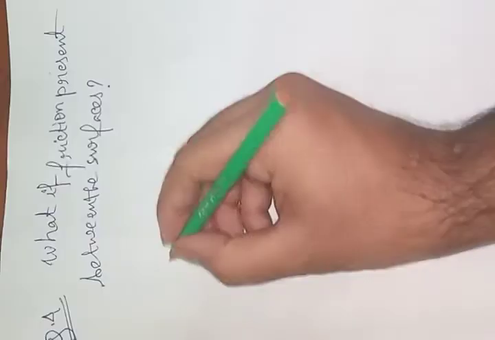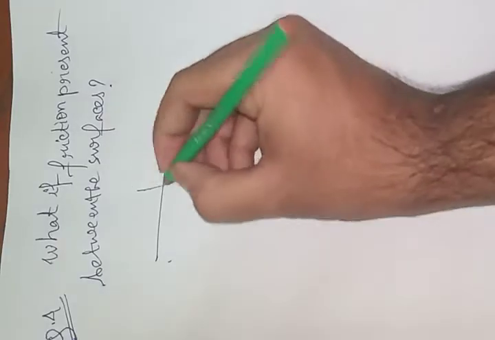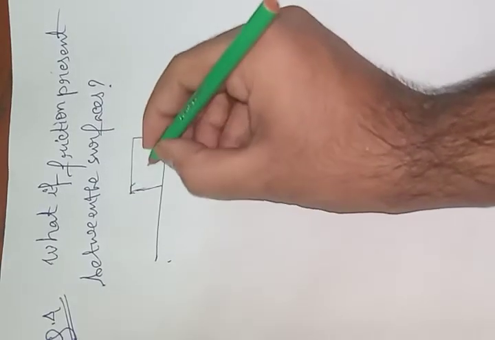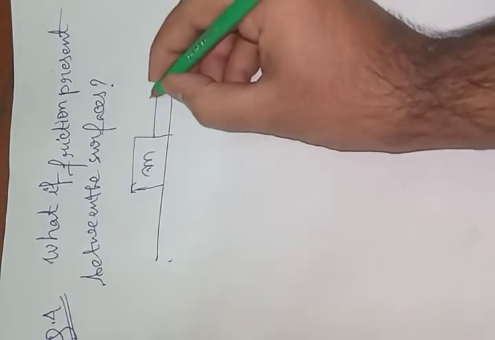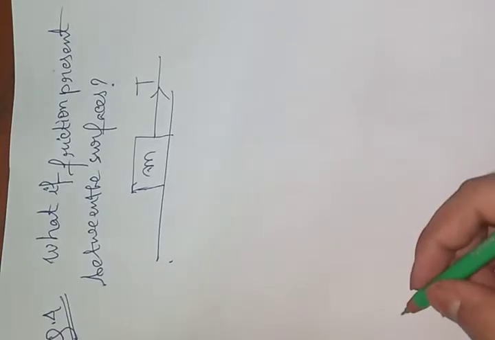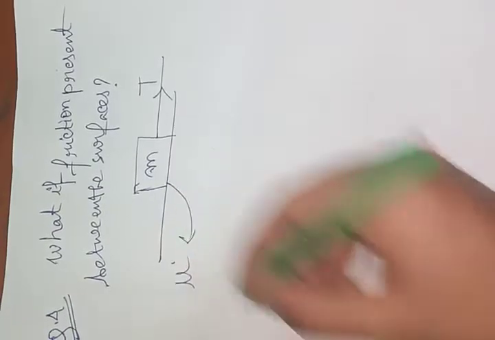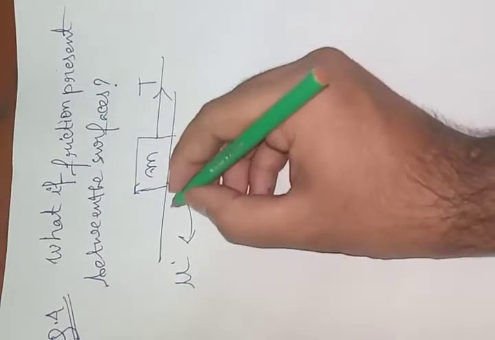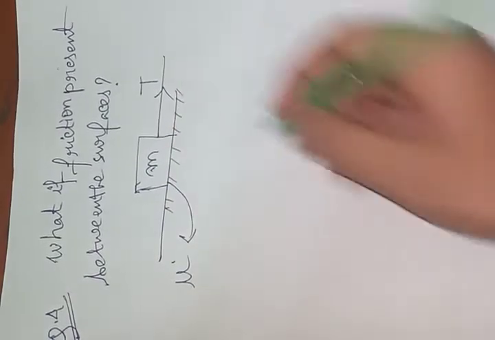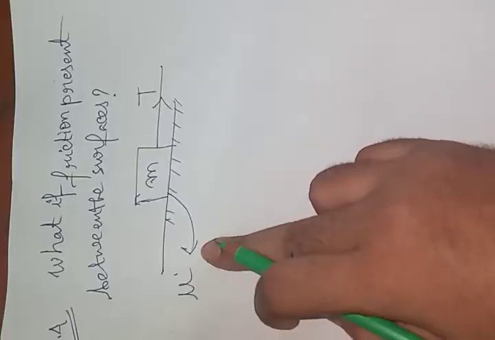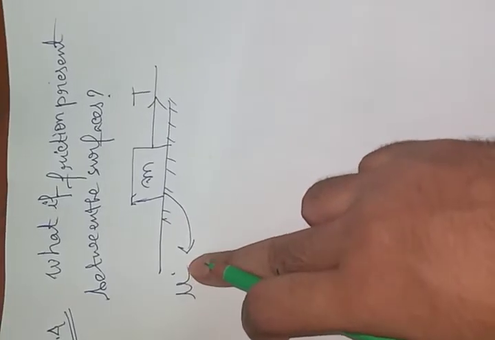Let's suppose we have a block here with mass m, and there is a tension applied, and the coefficient of friction between this block and this horizontal surface is mu.